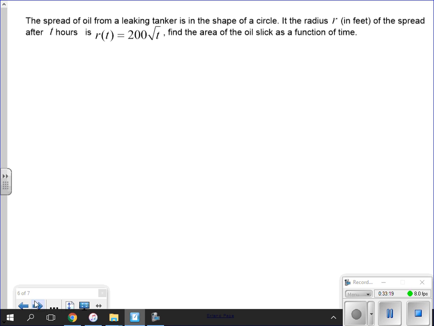So, area. What is the formula for the area of a circle? Pi r squared. But I don't want it in terms of r. I want it in terms of t, because it wants a of t. So if I want to find a of t, I need to take r of t and plug it in for r.